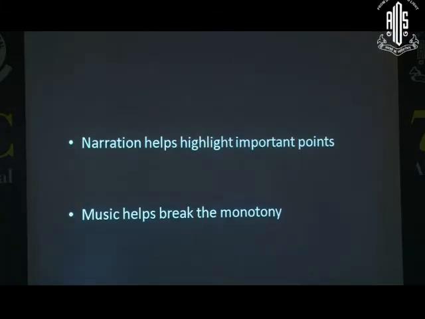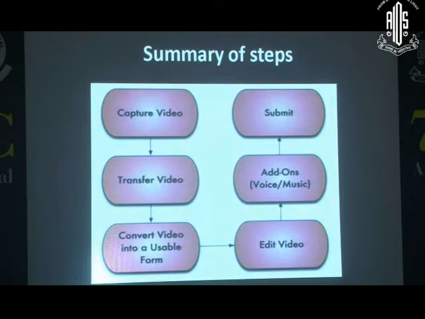This is really good, but it's a little more cumbersome. Why need narration? Well, because it's important to highlight certain important points, and of course, music is always pleasurable. So basically, capture your video, transfer your video, convert your video into a useful form, edit your video, add voice and music, and then you're finally ready.